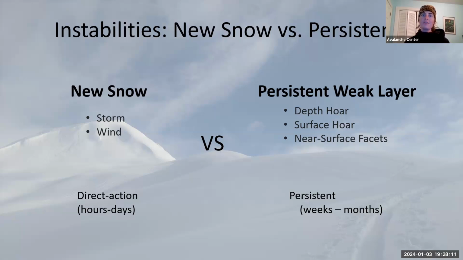And the major differences between these two buckets of avalanche problem, the new snow versus persistent, is also how they can behave. Like when we have widespread persistent weak layers, all across the landscape, and we finally load these, we would anticipate seeing very large avalanches or having instability in a lot of locations.